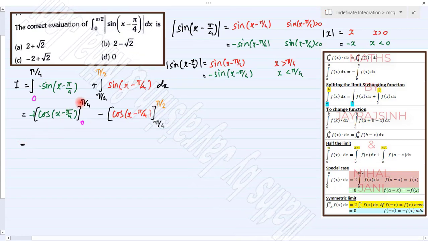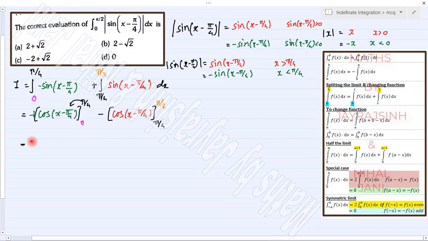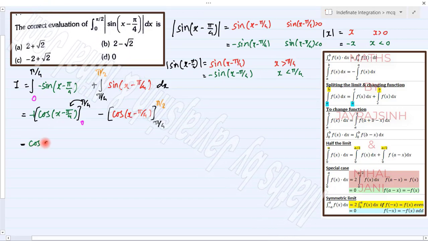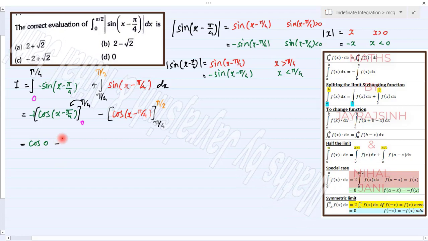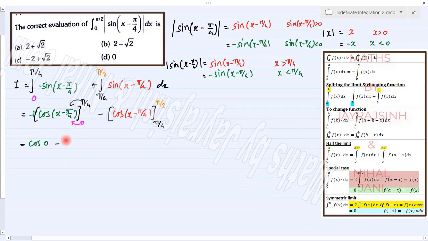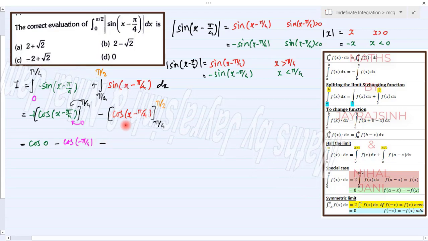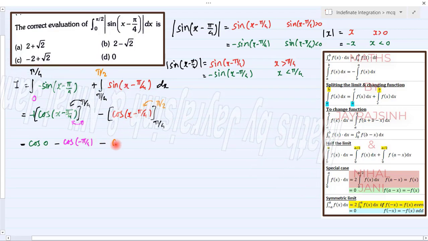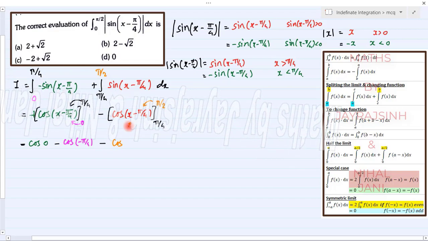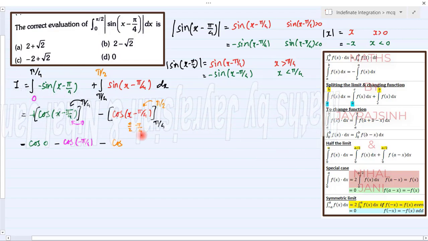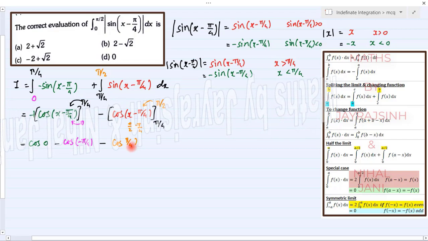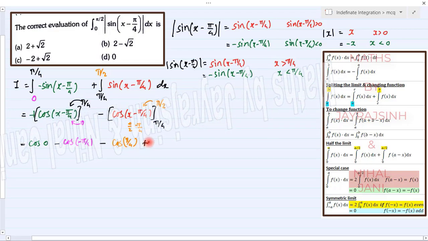Substitute the limits. From the upper limit, we will get cos(π/4 − π/4), or we can say 0, minus from the lower limit, we will get cos(−π/4), minus from the upper limit, we will get cos(π/2 − π/4), or we can say π/4, and minus minus becomes plus.